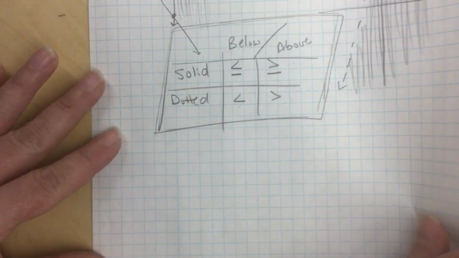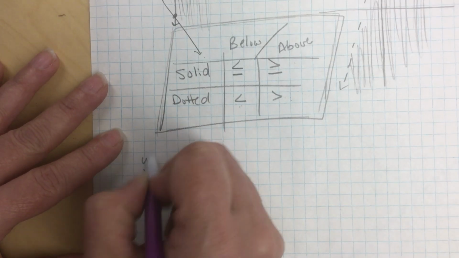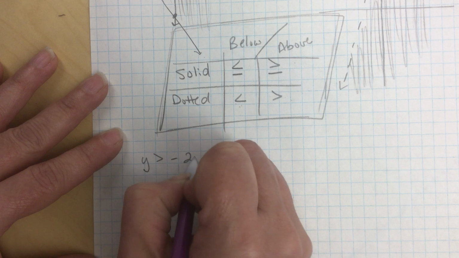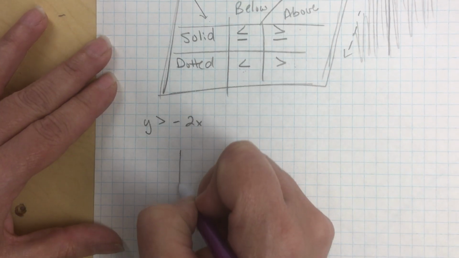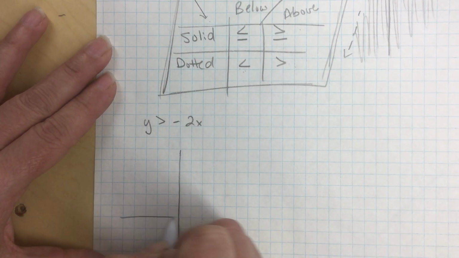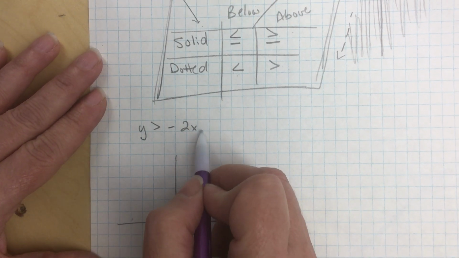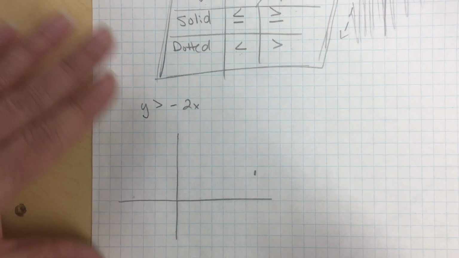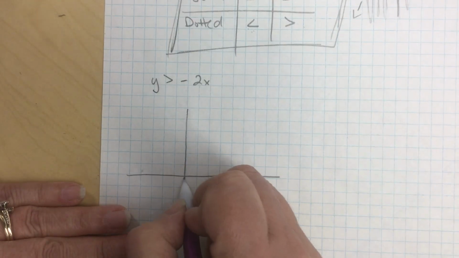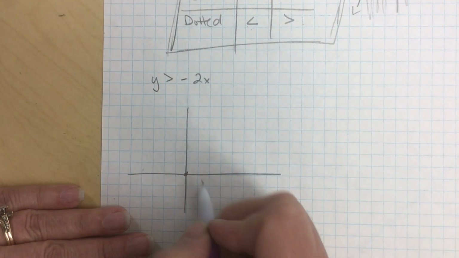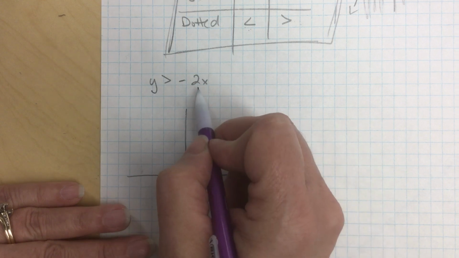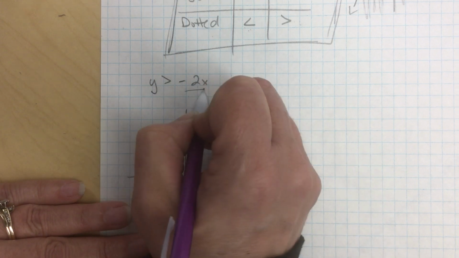Okay, so let's do another example. y is greater than -2x. This is a good review on graphing lines because this doesn't have a plus number out there. So it's like there's a plus 0. So you go to the origin, you go to 0 on the y-axis, and you put a dot there. Well, there's also not a fraction. This is your slope, so you have to make it a fraction.